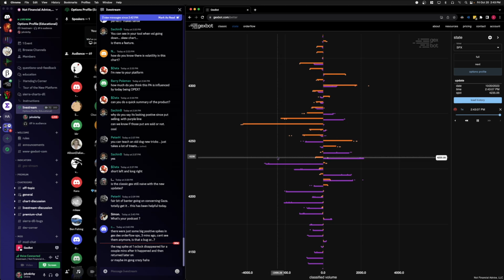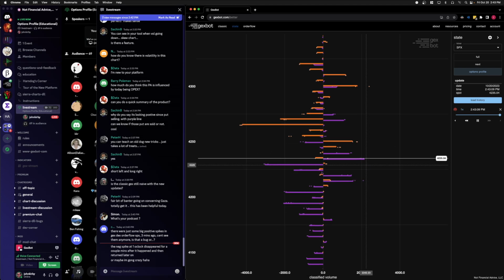Let me see what I'm looking at here. Okay, so these guys, shorts are holding strong. These guys also expanded, and then these guys are bailing. So I'm tentatively a little constructive here on price, actually.